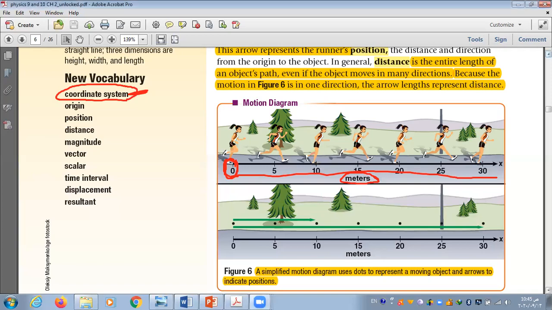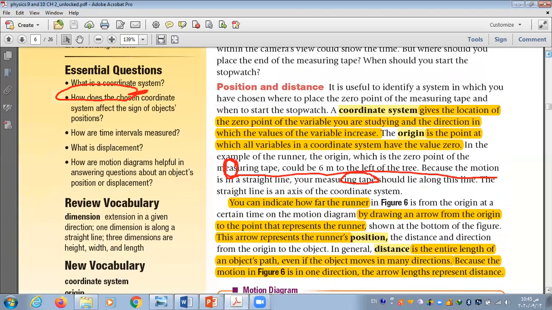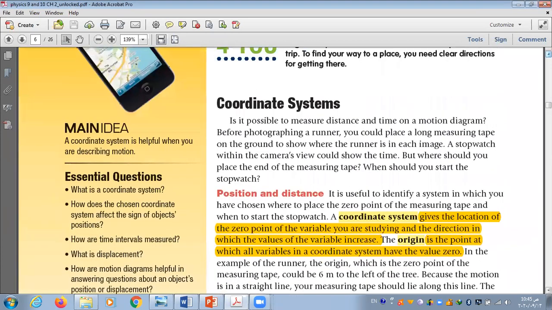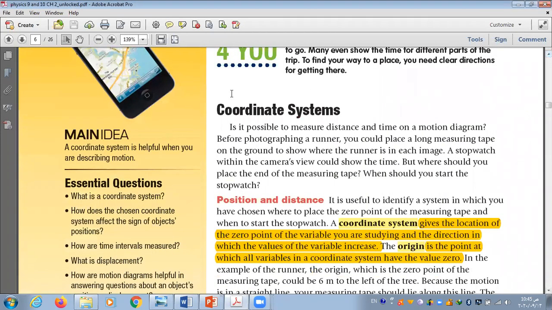Okay, so we can read from here. I want someone to read. Raise your hands. Okay, Abdurrahman. Coordinate systems. Is it possible to measure distance and time on a motion diagram?